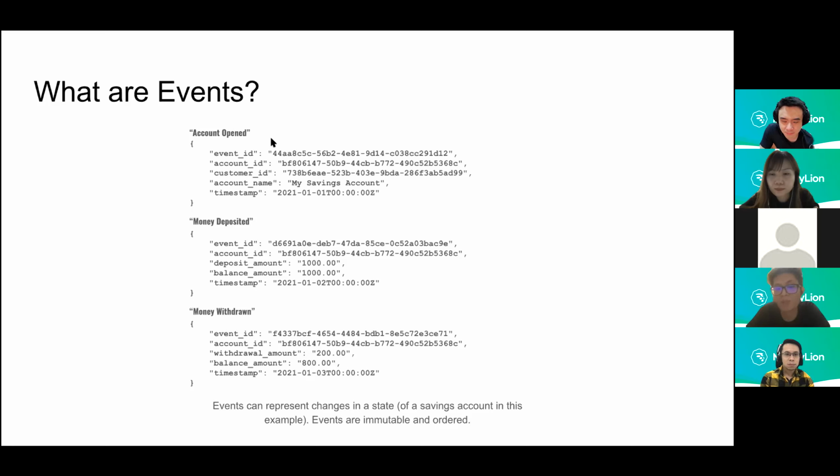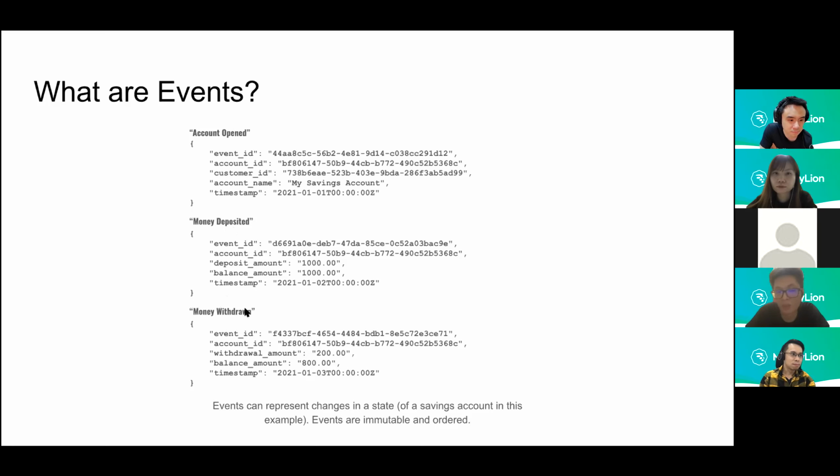So based on this information, it gives an insight on, for instance, what account has been opened, who the customer is who opened the account, what type of account or what the name of the account the customer has opened, and when the account opening happened. Similarly, you can see money deposited event, money withdrawn event.